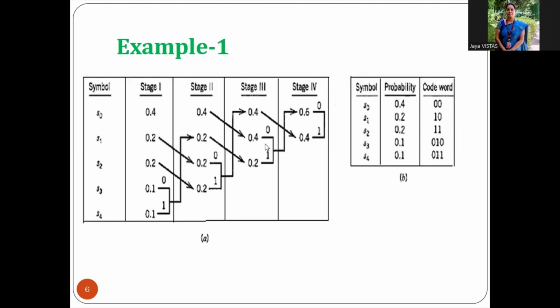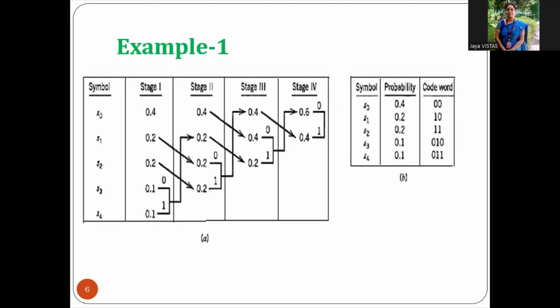Then add these two probabilities: 0.4 plus 0.2 is 0.6. In stage 4 it comes first, because the highest one is 0.6, then the second one is 0.4. In stage 4 we have only two probabilities, so we stop the process and assign the uppermost one 0 and the lowermost one 1.